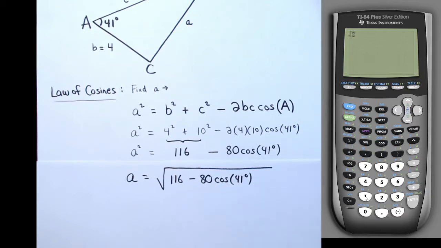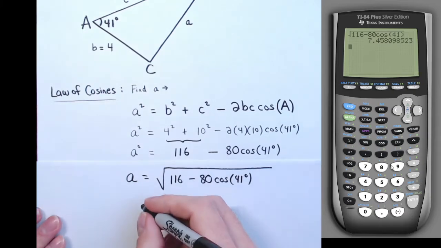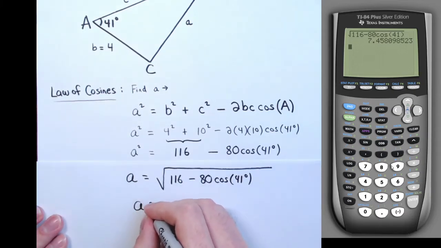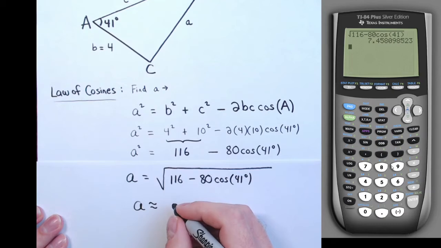So we have 116, that was the 4 squared plus 10 squared, minus 80, that was the 2 times 4 times 10, times, and then the 80 is multiplied by the cosine of 41 degrees. So again, notice how my square root bar just extended on this. On some of the older ones, you might have to just put parentheses around both ends just to make sure this is all inside the square root. And then rounding this to 1 decimal place, that's 7.5.